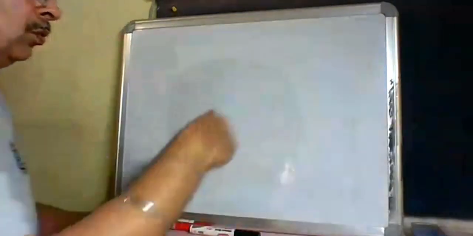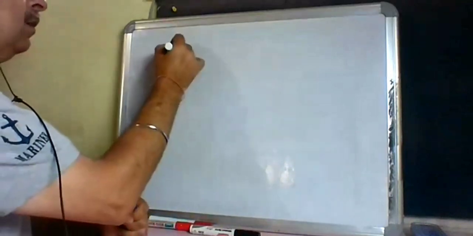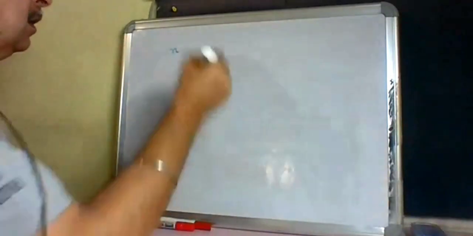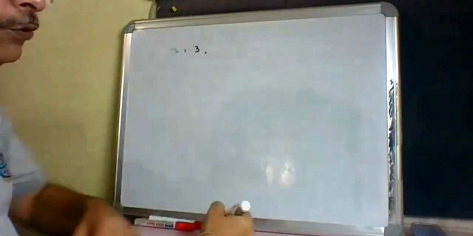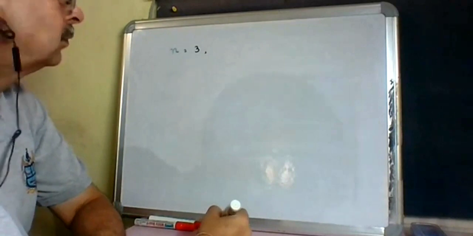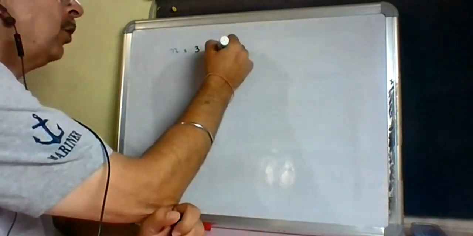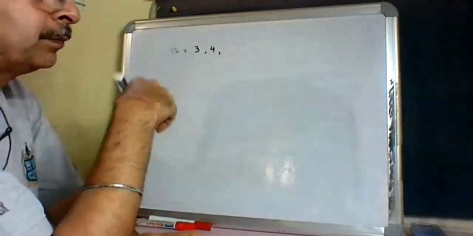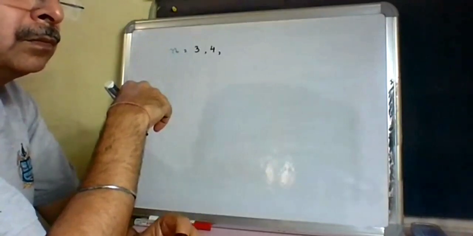So basically, when n is equal to 3, which rule will you use? Rule 1. Rule 1. When n is equal to 4, which rule would you use? Rule 2. Both can be used?